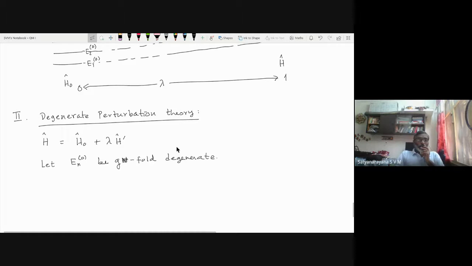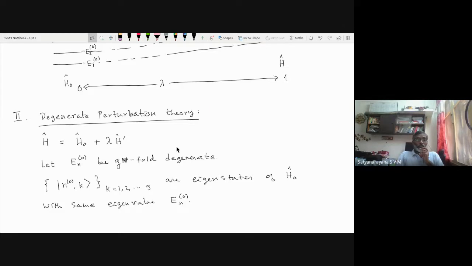Okay. What does that mean? That means there is a set which now I will call n0 comma k, okay, so k is equal to 1, 2, etc. up to g, which are eigenstates of H0 with the same eigenvalue En0.